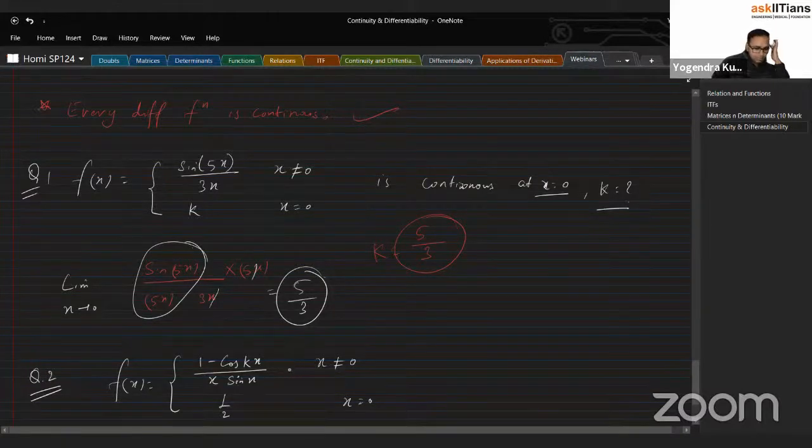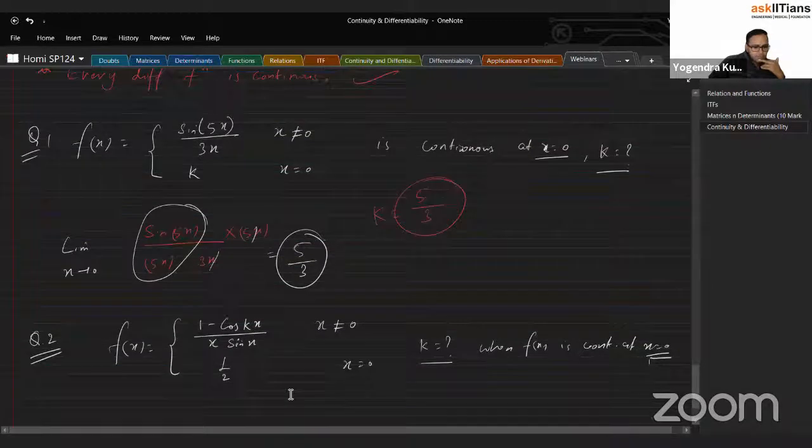So what is the value of k if f(x) is continuous at x equals 0? Do it fast, everyone. Give me the correct answer.